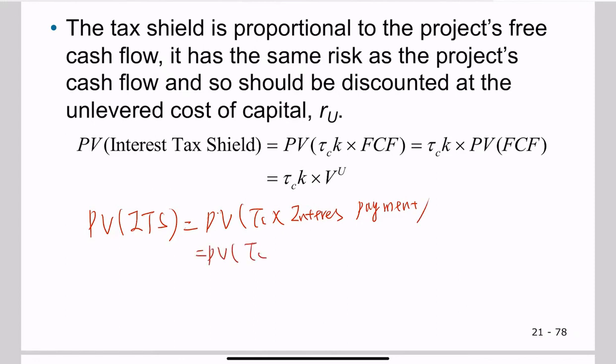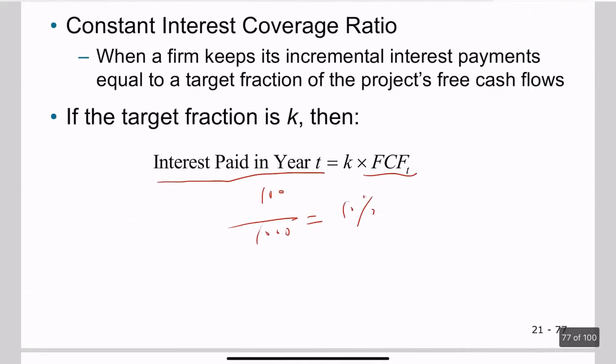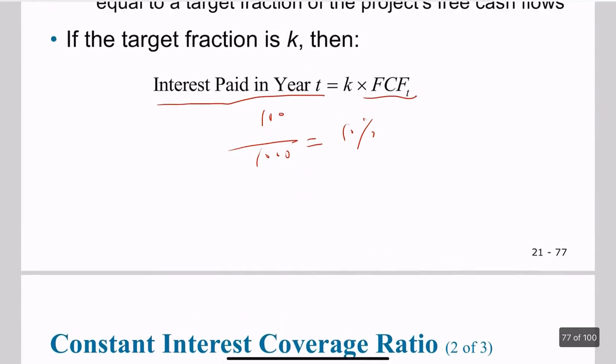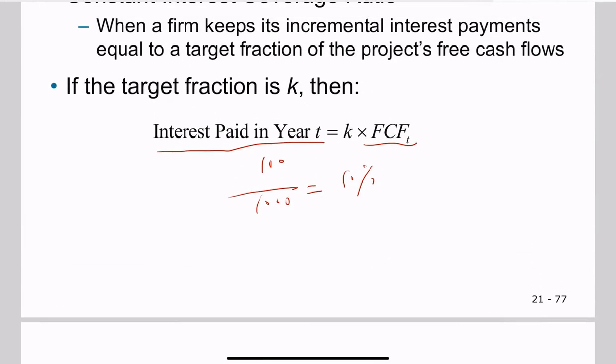And how do you calculate interest payment? Well, under the assumption of constant interest coverage ratio, you can see that interest payment basically equals this ratio, this percentage times free cash flow, right?